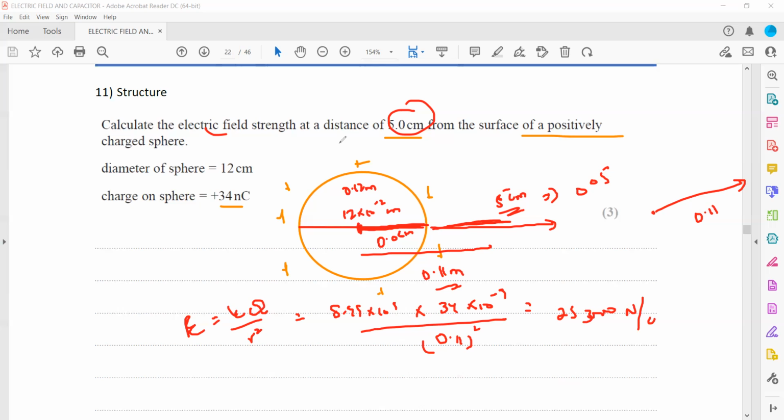Is it clear, this question about the strength of the electric field? We always take the distance from the center of the sphere, not from the surface to the point where we want to determine the strength. It is the distance from the center.